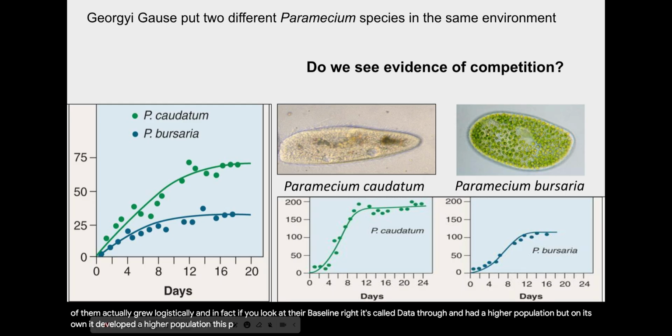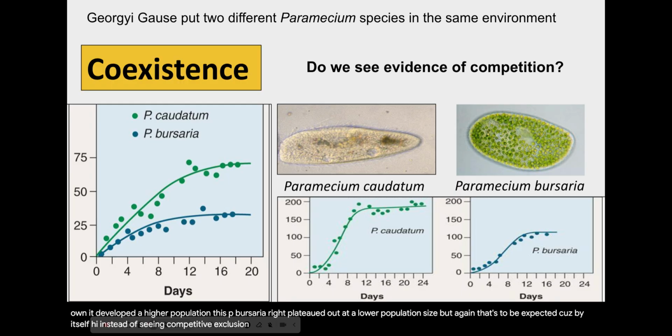This P. bursaria plateaued out at a lower population size, but that's to be expected because by itself, it just tends to have a lower population size. So this time, instead of seeing competitive exclusion, he saw coexistence. So there are these 2 outcomes. Either you're going to competitively exclude your competitor, or you're going to be able to coexist with your competitor.